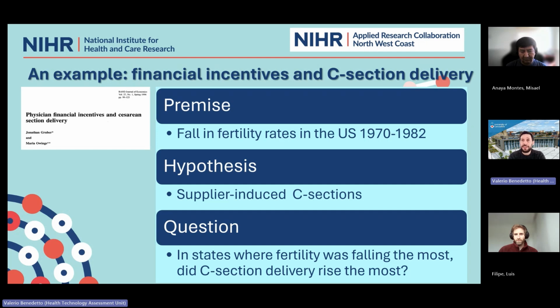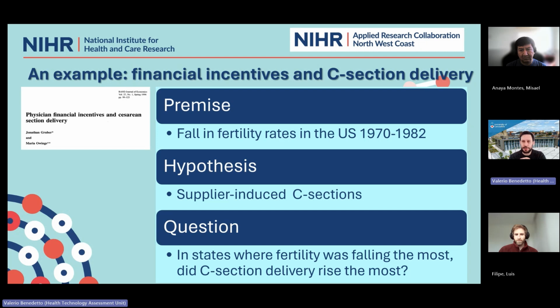Another reason discussed by the authors was the increased threat of malpractice legal suits. So that could be something that the physician saw as a potential threat, and then they decided to perform more C-sections that way, avoiding maybe the complication of a normal childbirth.